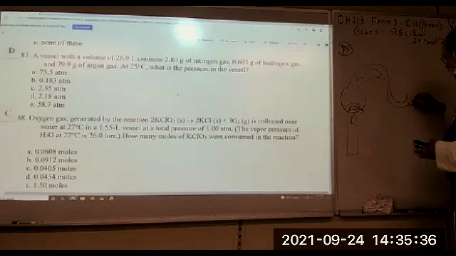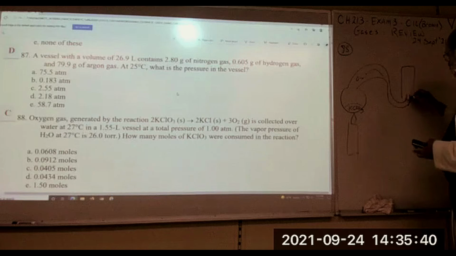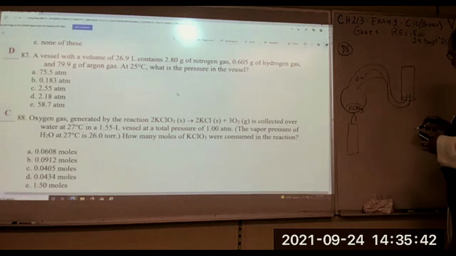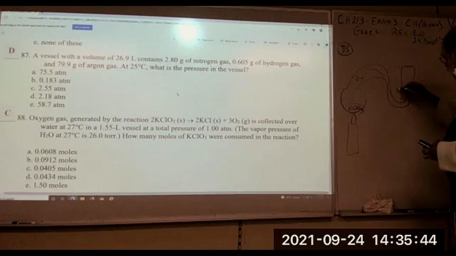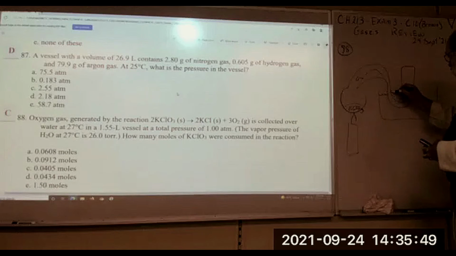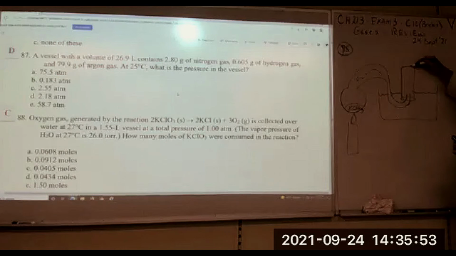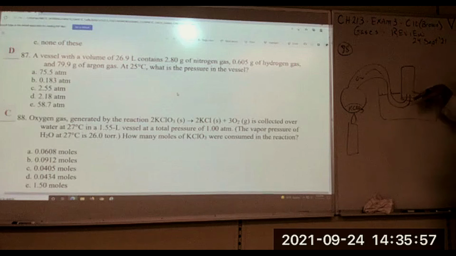So you do it like this. And this is underwater. And initially, it's filled up here with water. It's just inverted here. So as the oxygen comes in, it bubbles up here and displaces the water. And we've got markings here so we can tell the volume.